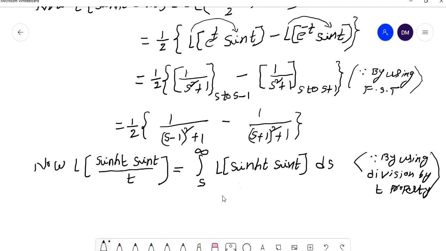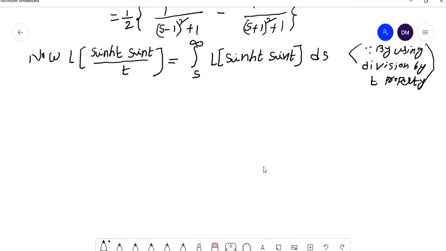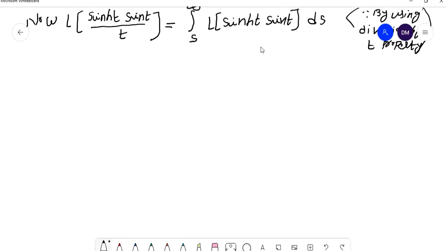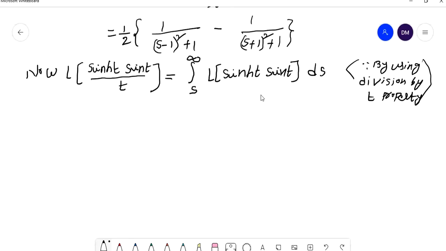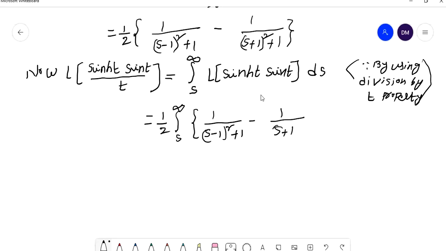Here 1 by 2 is a constant, so keep it outside of the integral: 1 by 2 integral s to infinity of 1 by s minus 1 whole square plus 1 minus 1 by s plus 1 whole square plus 1, ds.